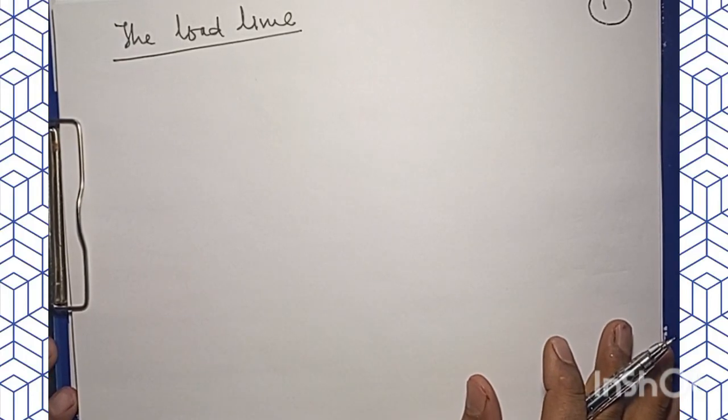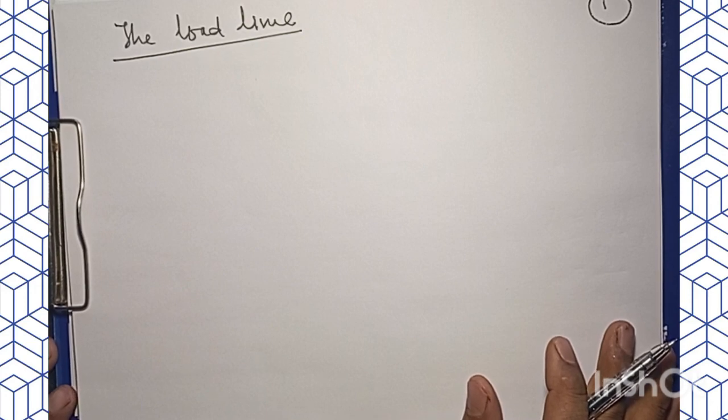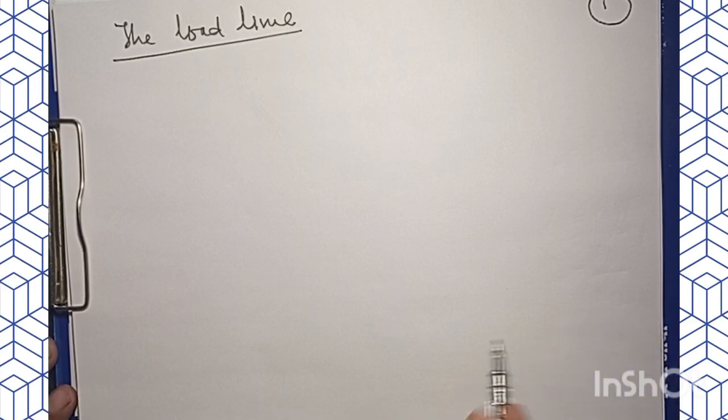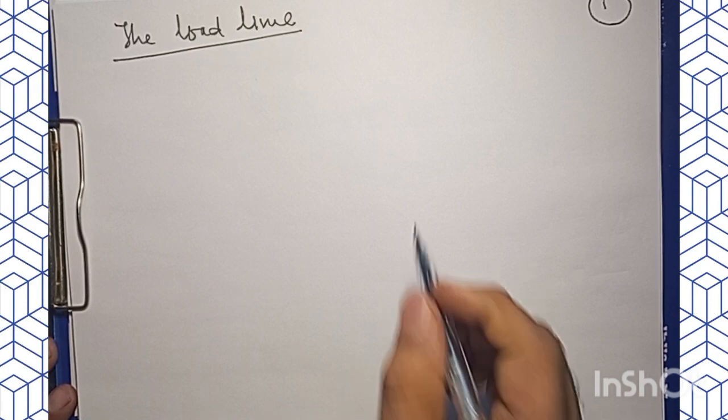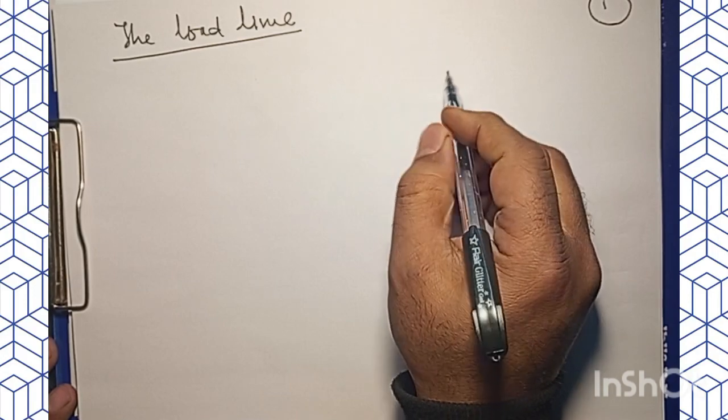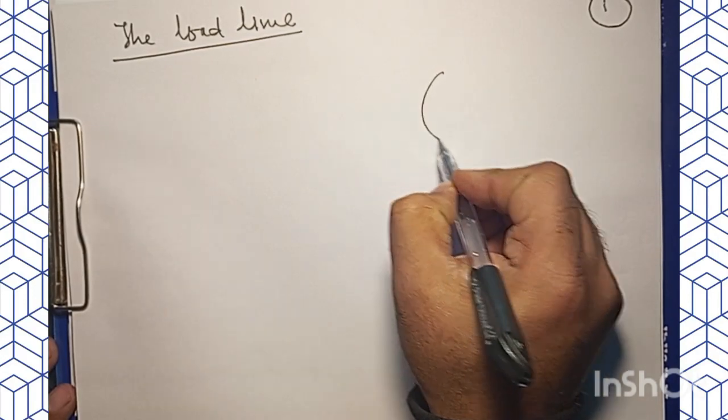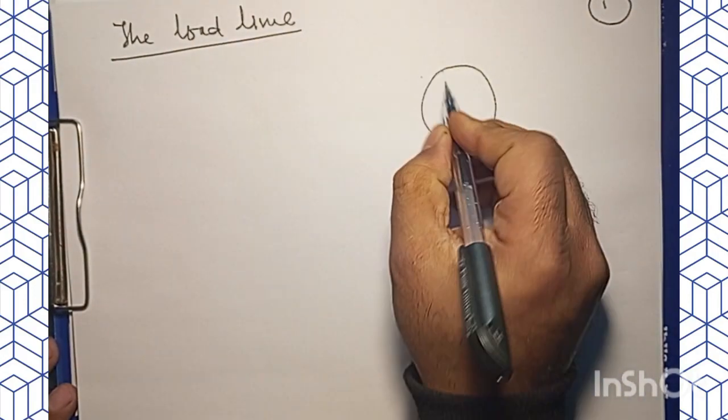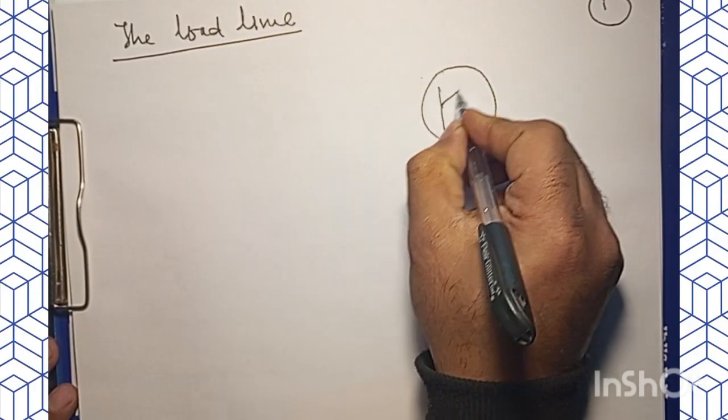In this video, we will be discussing the load line concept, and to do that, we will take an NPN transistor in common emitter configuration.